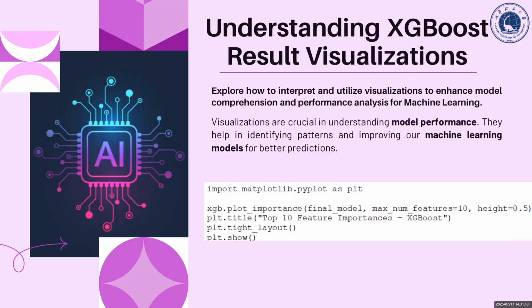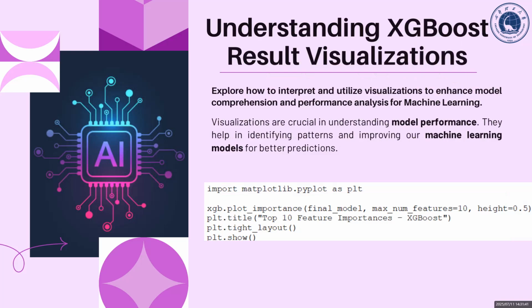So we're going to use the Matplotlib library, where we have xgb.plot_importance. We have the model we have trained, which is the final model. We have the maximum number of features, which is equal to 10, and then we have the value equal to 0.5. In this case, what we have set is we want to see the top 10 features, the feature importance.